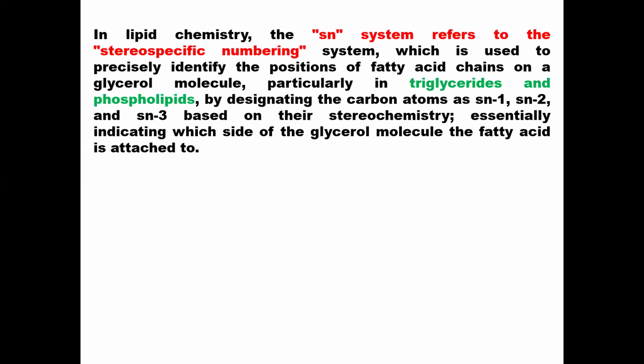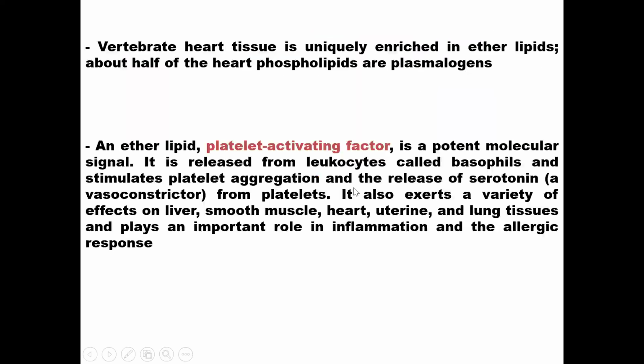In lipid chemistry, the SN system refers to the stereospecific numbering system, which is used to precisely identify the positions of fatty acid chains on the glycerol molecule, particularly in triglycerides and phospholipids. By designating the carbon atoms as SN1, SN2, and SN3 based on their stereochemistry, it especially indicates which side of the glycerol molecule the fatty acid is attached to.